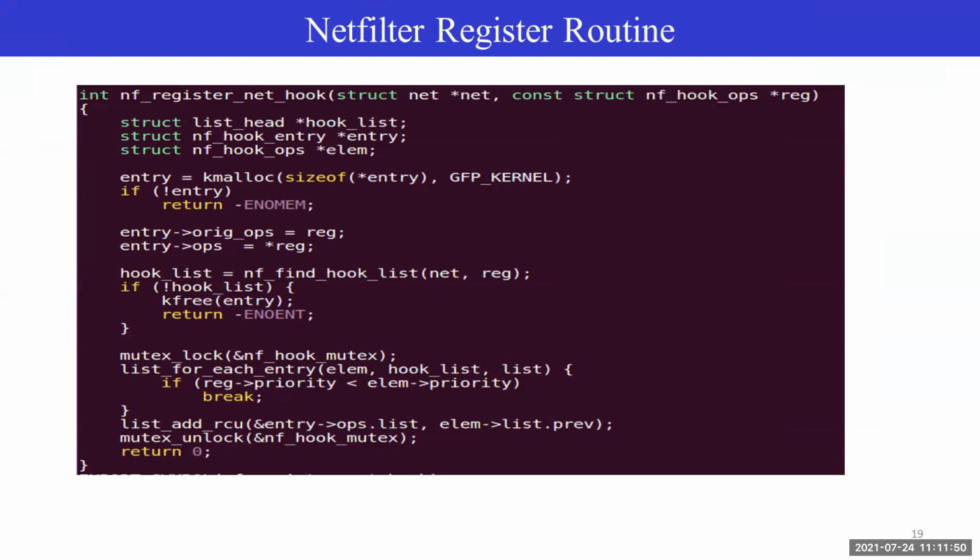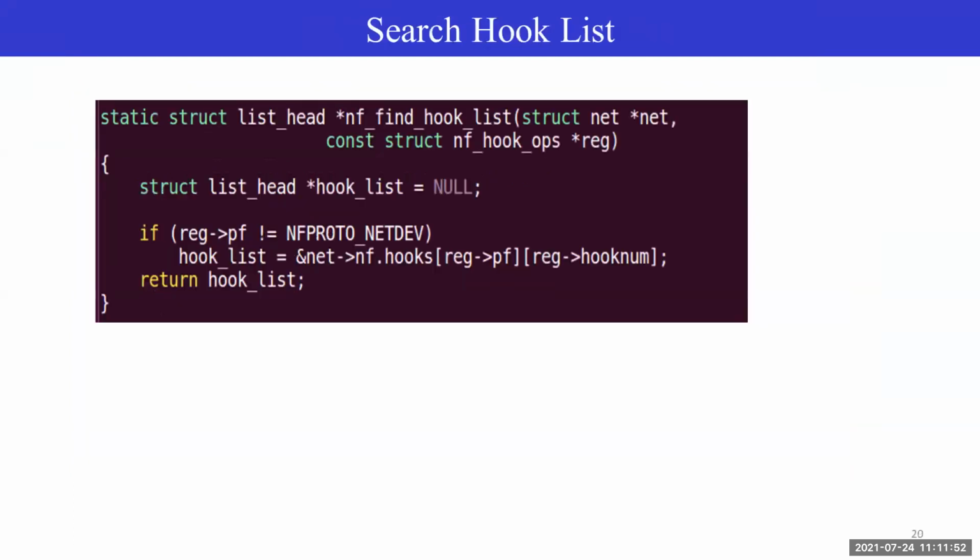Let us first check nf_find_hook_list. Here you can see it first checks the protocol family, then it checks the hook list. We have arrays for the hooks. As I showed earlier, you can create your own hook point as NF_INET_LKF.